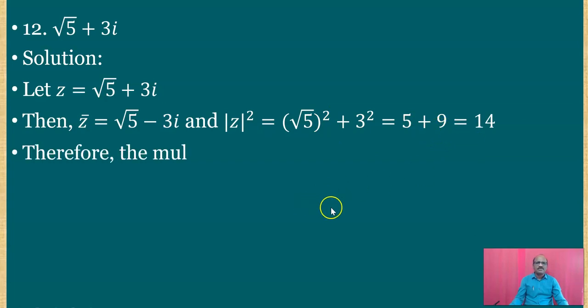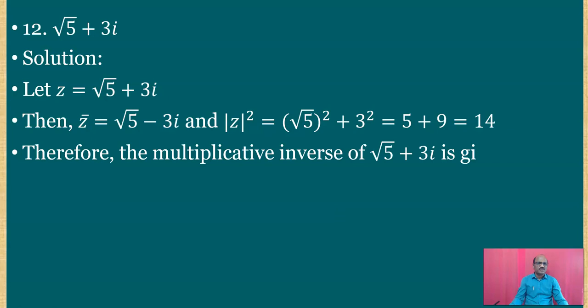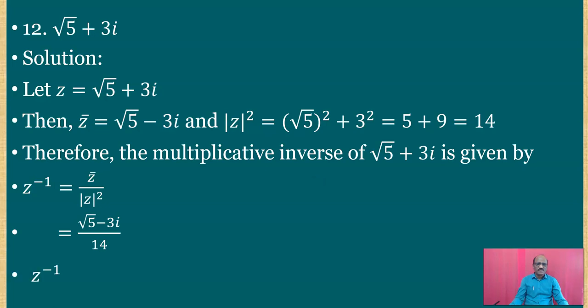And therefore, the multiplicative inverse of root 5 plus 3i is given by z raised to minus 1, z bar upon mod of z bracket square, and that is root 5 minus 3i upon 14. Therefore, z raised to minus 1 is equal to root 5 upon 14 minus 3i upon 14.